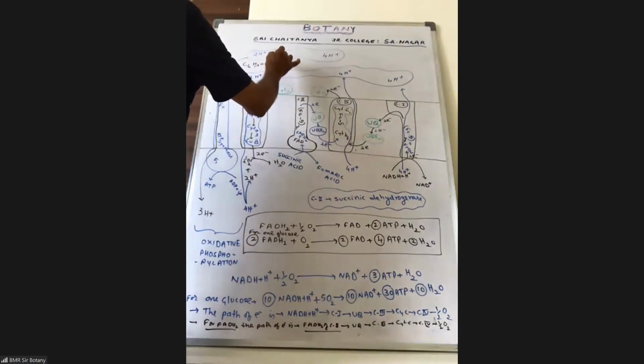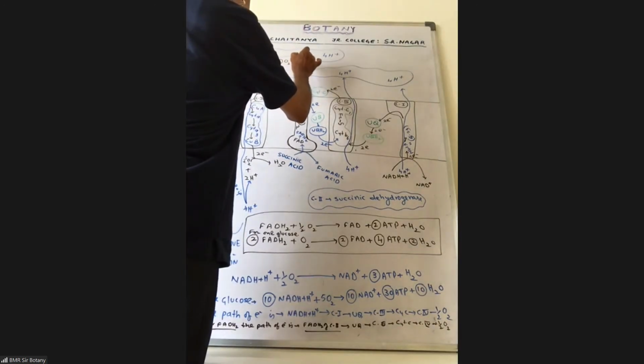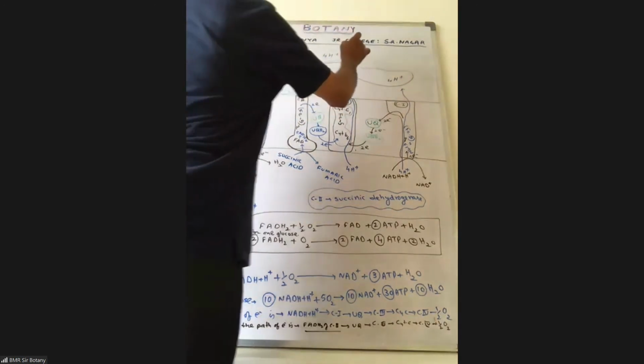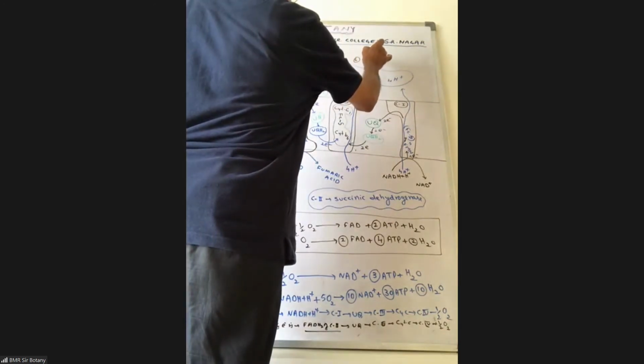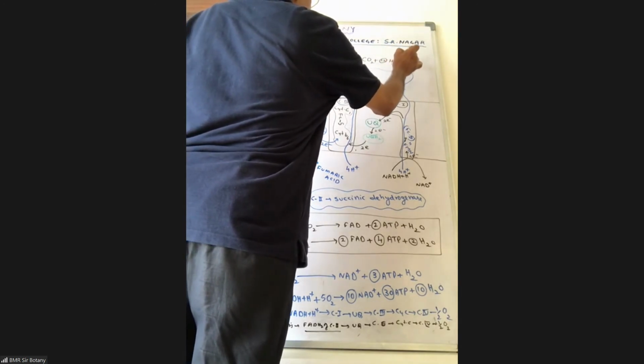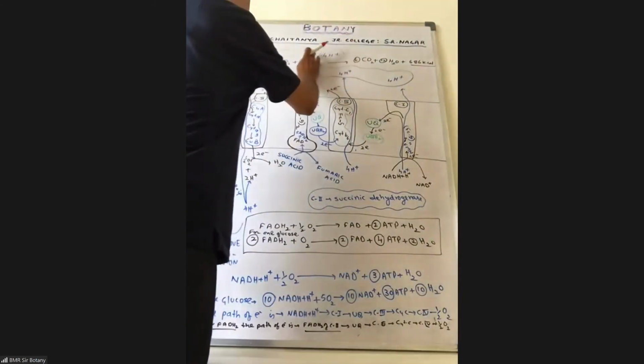We supplied how much oxygen? 6O2, plus also 6H2O will give us 6CO2, 12H2O, then 686 kilocalories energy. That is the overall equation for aerobic respiration.